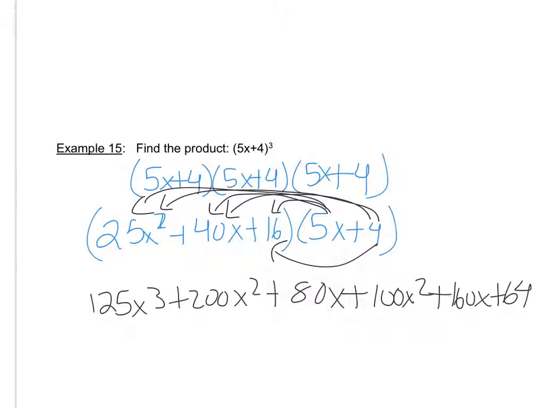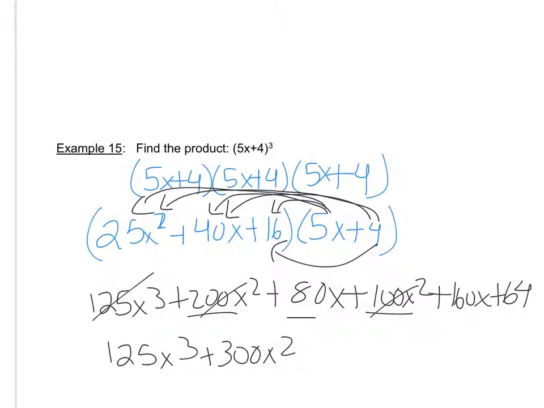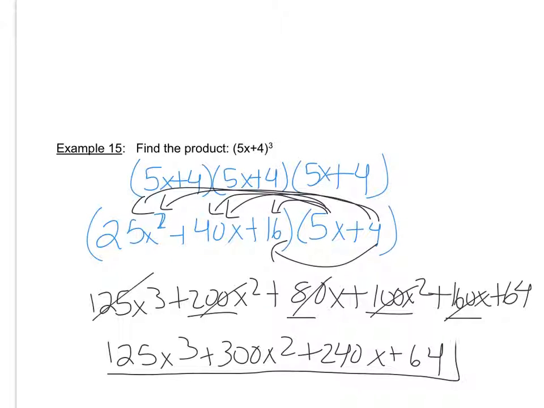Let me double check, but yes. So you have 125x to the third, 200 plus 100, 300, x squared, 80 plus 160, 240, plus 64. Okay, let's take a look at some more problems.